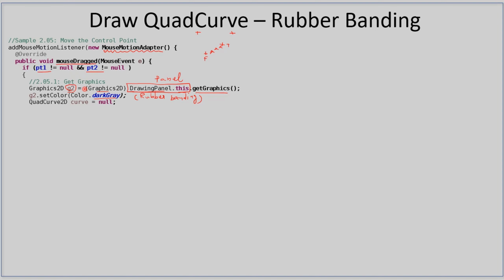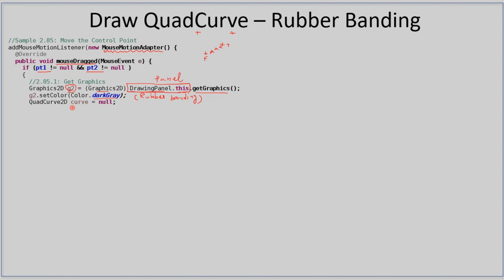So this will give the visual appearance to the user when they are dragging the mouse. The curve will follow the control point location, so they can visually see how the curve will look when they move the control point.